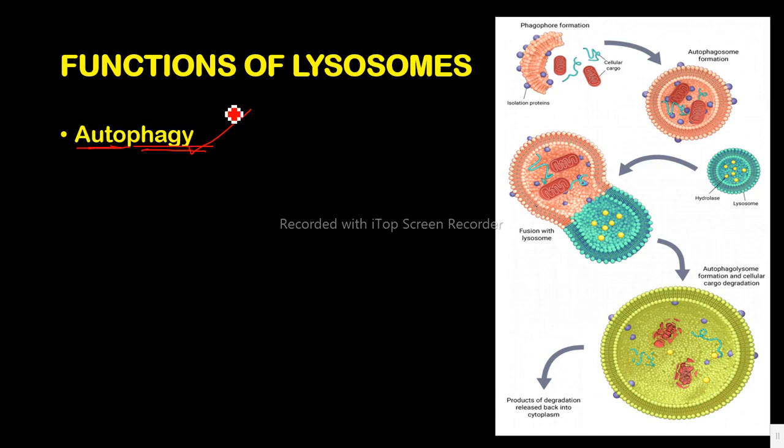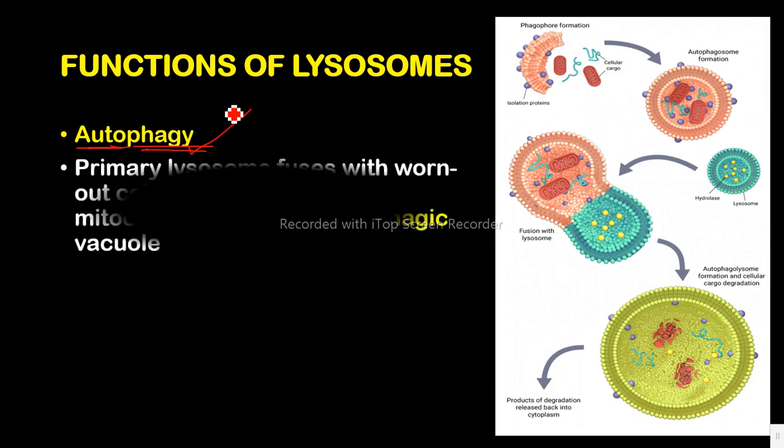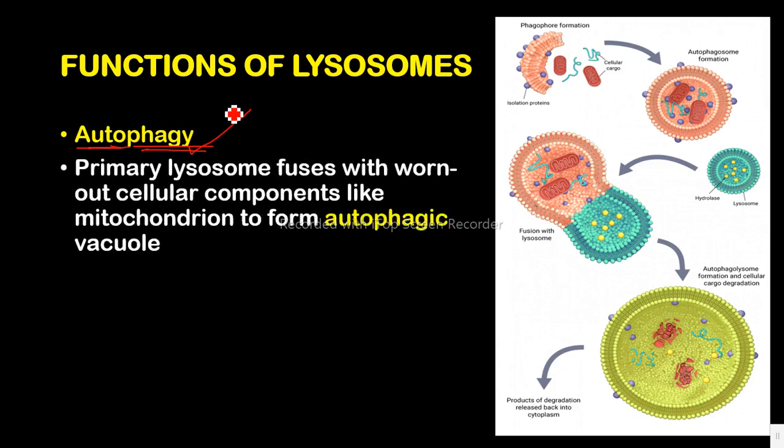Assuming you have a mitochondrion or any organelle that has worn out, then you're going to remove that organelle by the action of these lysosomes. And in particular, with the primary lysosome, what happens first?